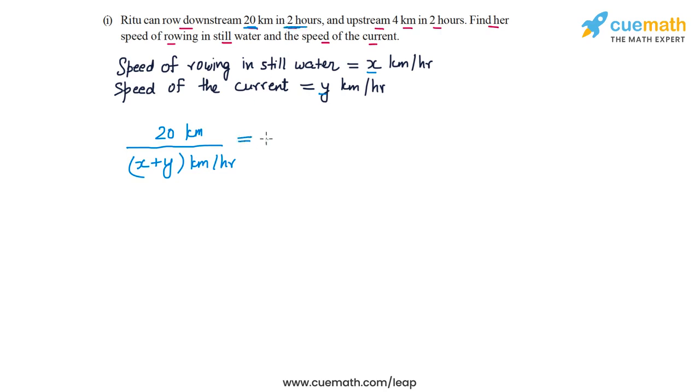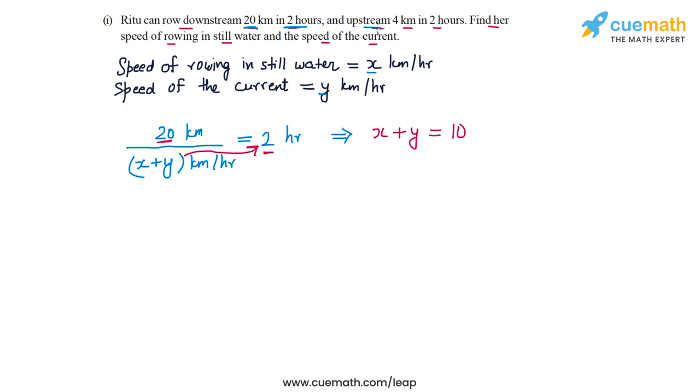From this equality we can get our first equation in x and y. Just cross multiply x plus y to this side and divide 20 by 2. So we get x plus y is equal to 10. This is the first equation.